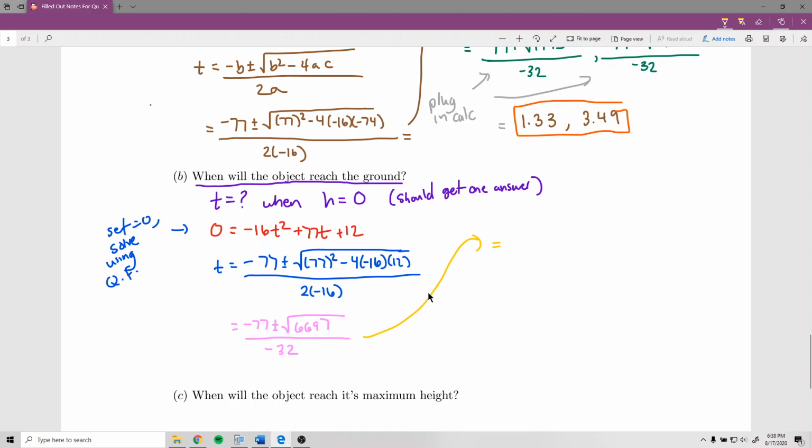Now we split it up over the plus or minus, just like last time, because we're going to use our calculator. I got negative 77 plus the square root of 6697 over negative 32. And same thing with the minus.